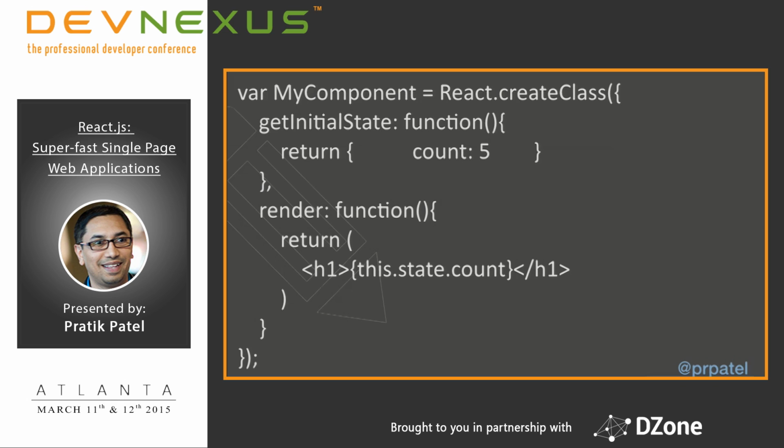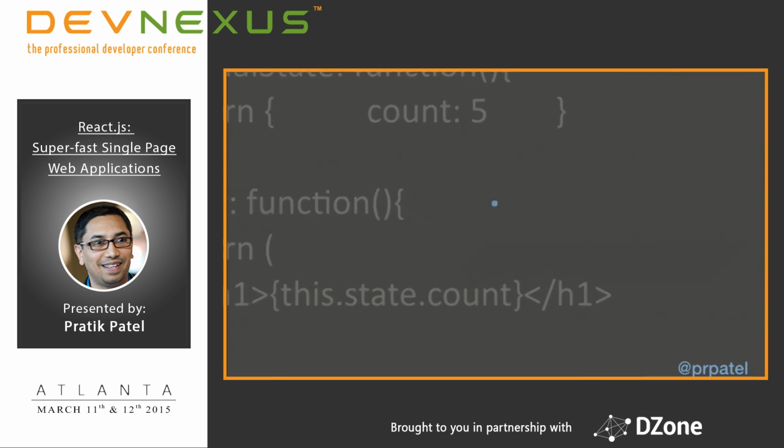So I initialize the state when that component gets initialized, and you can see here in the last line of code that I'm doing this.state.count to get the state of that specific component out of the React component for it to render. Okay? So this is how you access the state. You use the this.state variable to get access to the state and also to set the state. All right, we'll look at that when we do an example in a few minutes.